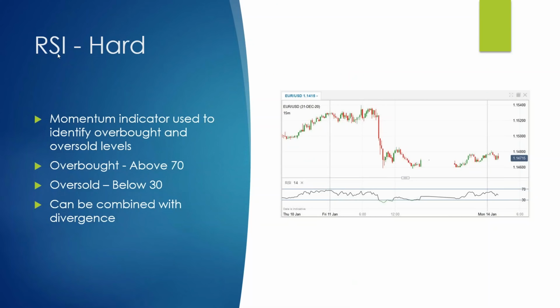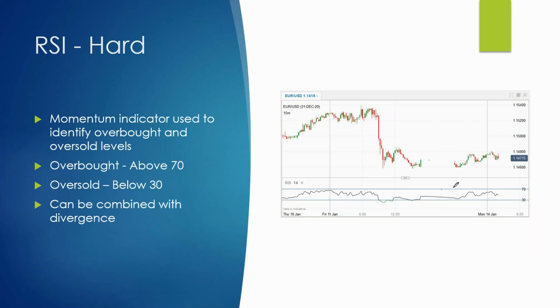And the next one is the RSI. Now, I label the RSI as a hard indicator, okay? But it also depends on how you are using it in your trading, okay? It is considered a momentum indicator, okay? And if you're just using it to identify overbought and oversold levels, then it's pretty simple, okay?